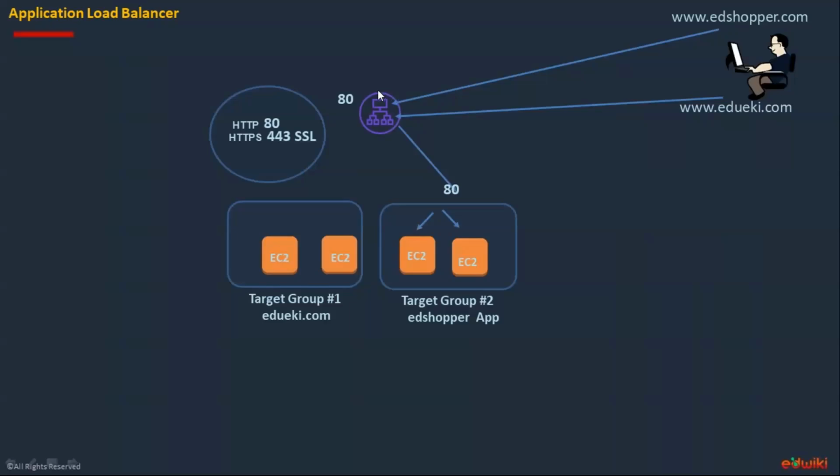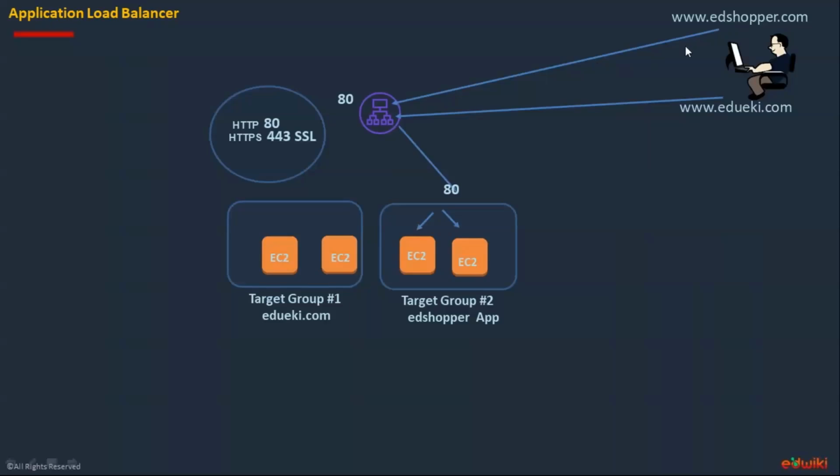The type of load balancer that I'm referencing here is the application load balancer. That means the application load balancer is aware of the incoming request website URL. It can understand the incoming request URL and route the traffic accordingly.